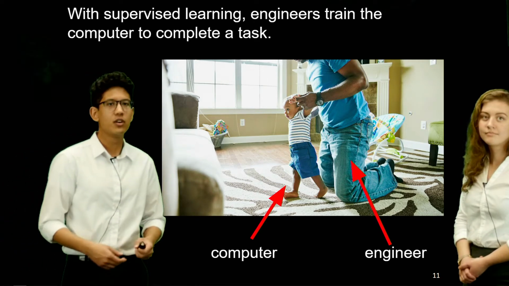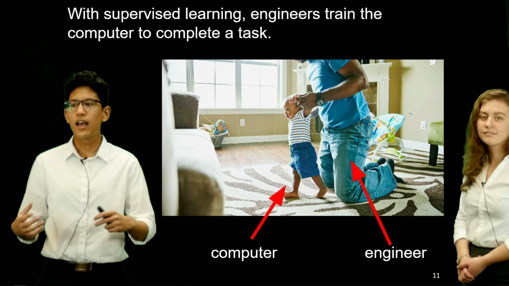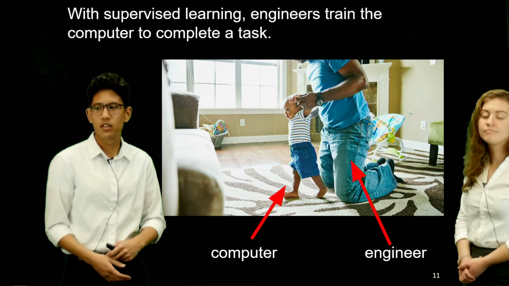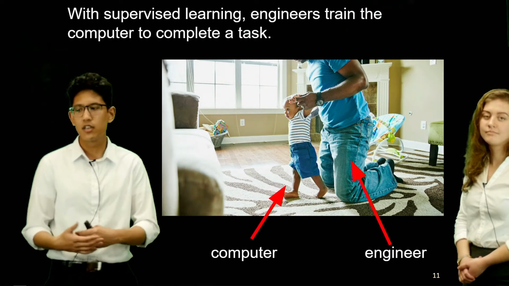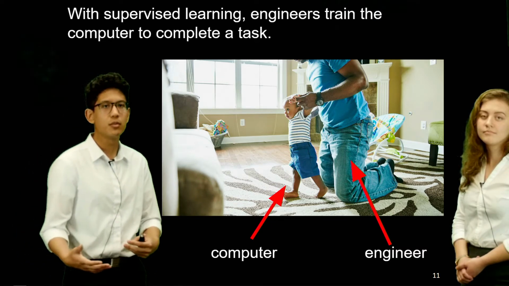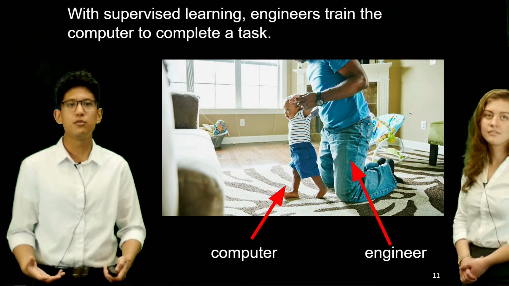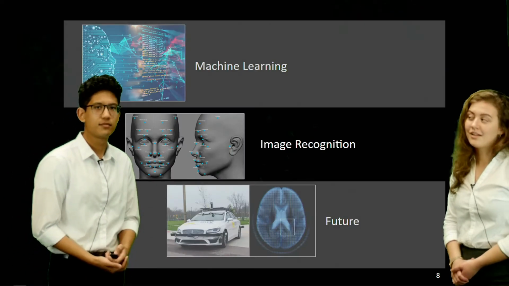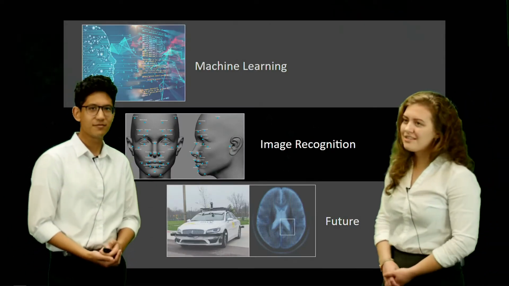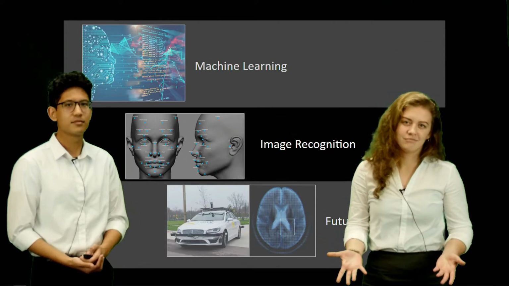In doing so, it's going to tell the computer what outputs it wants for certain inputs, and after many, many trials and iterations, the computer is going to be able to perform that task or solve that problem with accuracy comparable to humans. It's quite exciting.